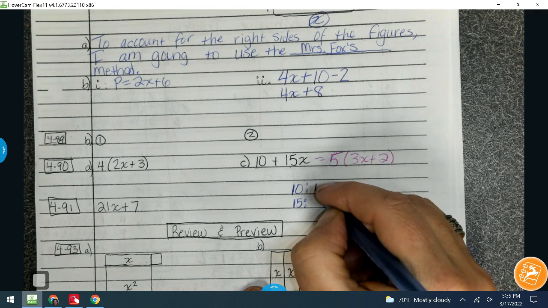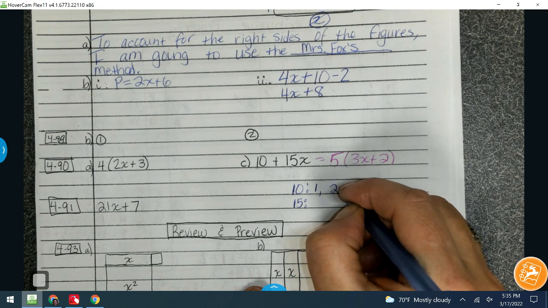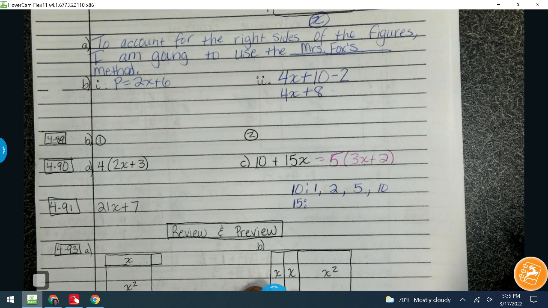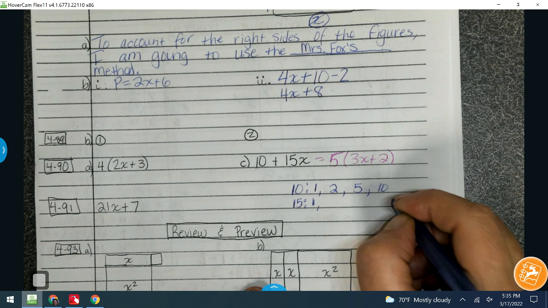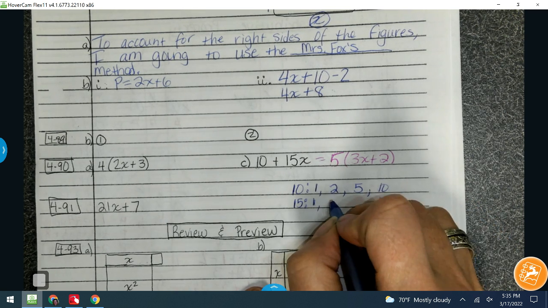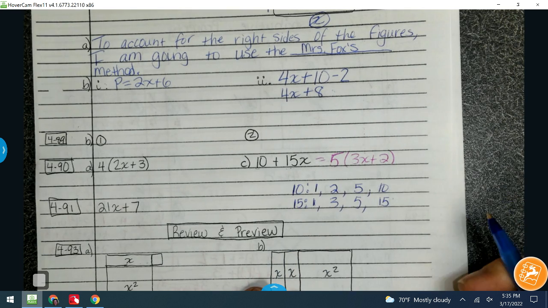So I have 1 times 10 and 2 times 5 is also 10. 1 times 15 is 15. Then we also have 3 times 5 is 15.